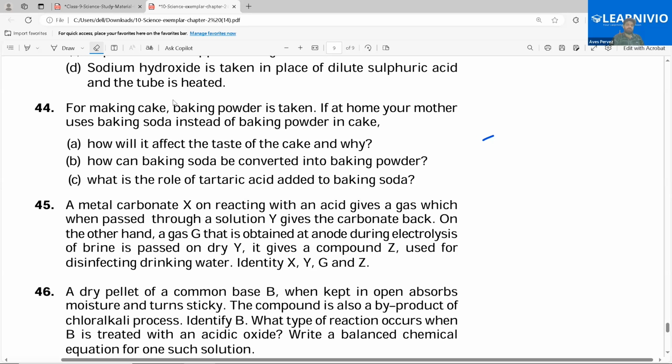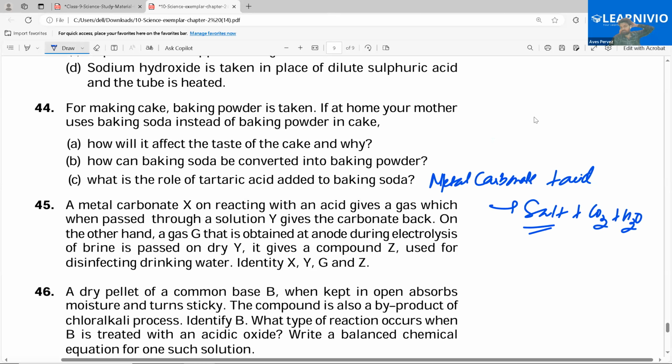Okay, can you tell me what gas it is saying? It will give CO2 gas, because it is a general reaction, right? When any metal carbonate reacts with acid, it gives you salt plus carbon dioxide plus water.